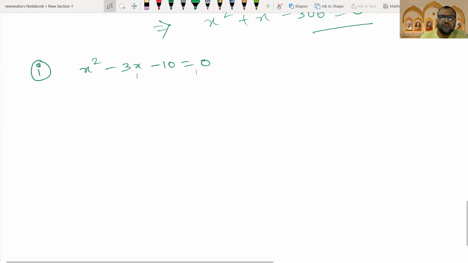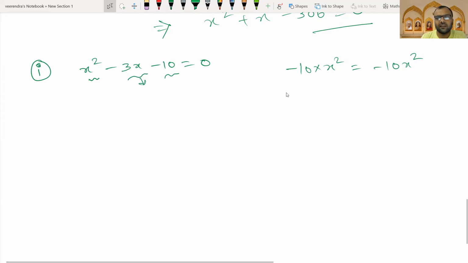First we will check the x square term and the constant term, and we will split the middle term. The multiplication of these two terms is minus 10 into x square, which is minus 10x square. Now we will split the middle term such that its product comes to minus 10x square.